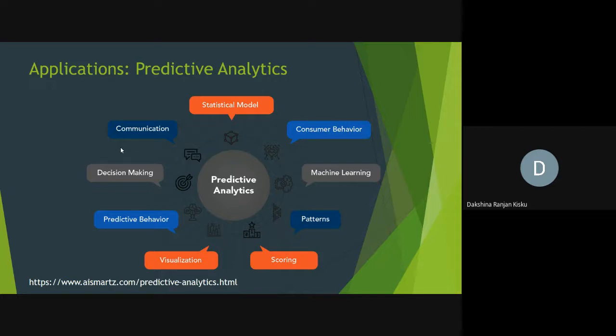In predictive analytics, we can model statistical facts, or we can design the consumer behavior model, the scoring model, the visualization model, and the decision making model. So these are the different areas of predictive analytics where we can apply machine learning algorithms.